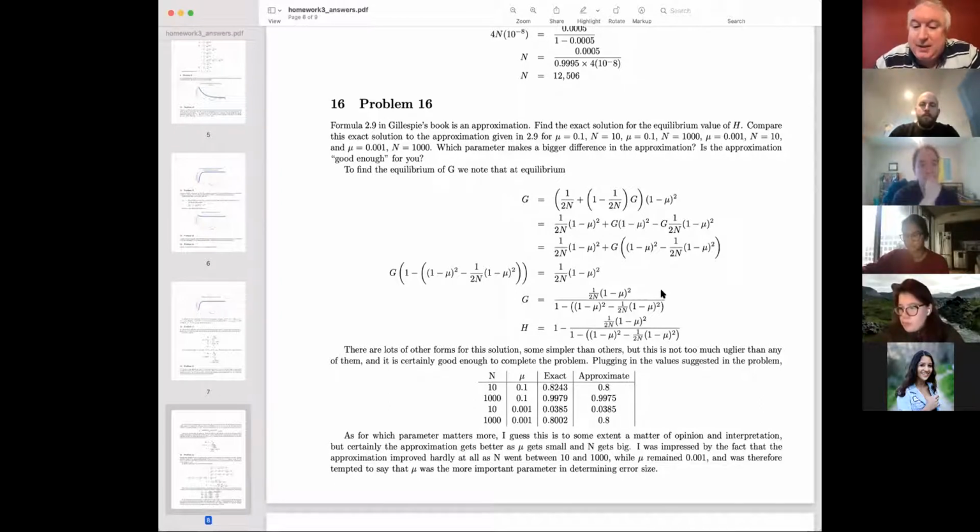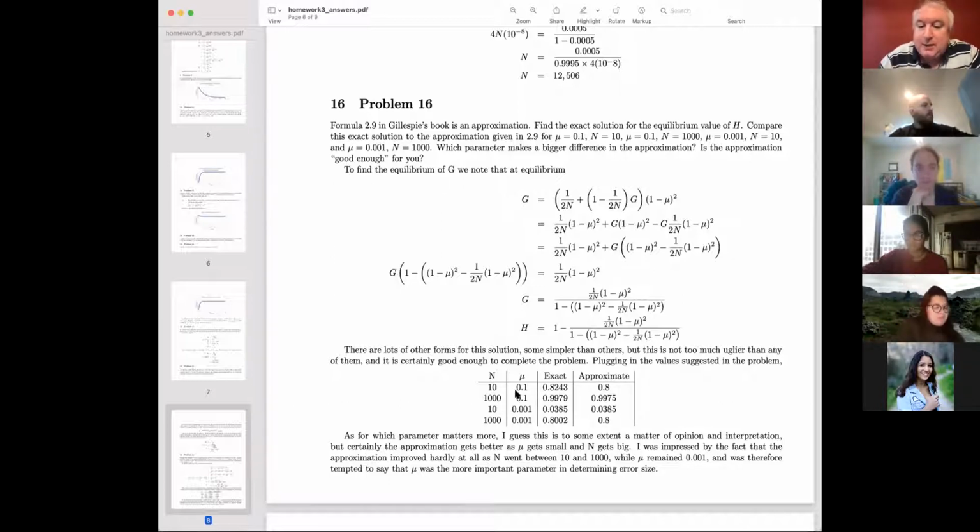when you get it exactly correct, the approximation looks even better than it did to Linnea. So when n is 10 and u is 0.1, the approximate gives me 0.8, but the exact gives me 82%. So it's only about 3% off.